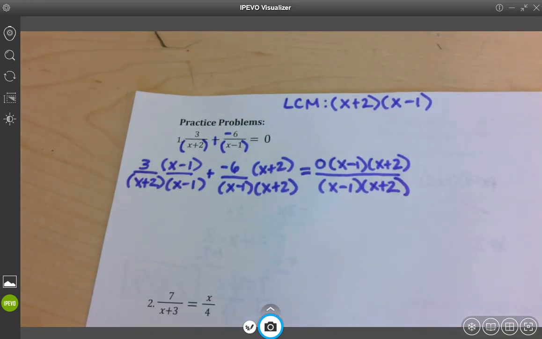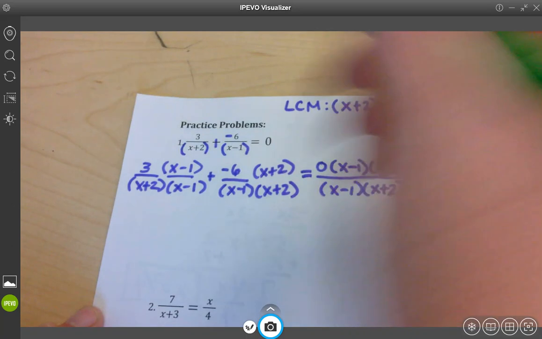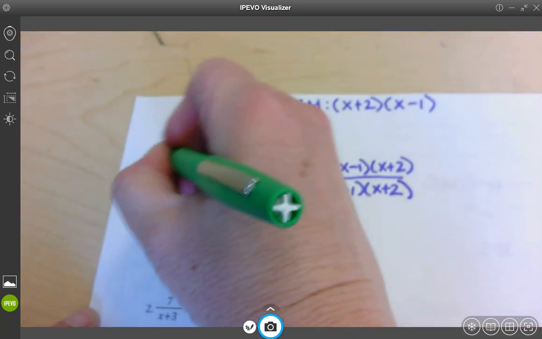All right, so the 0 was missing both, so I put them both there. However, what's 0 times x minus 1? 0. And then what's 0 times x plus 2? 0. Still 0. So my numerator is going to become 0 on this side. On this side, I'm going to distribute.